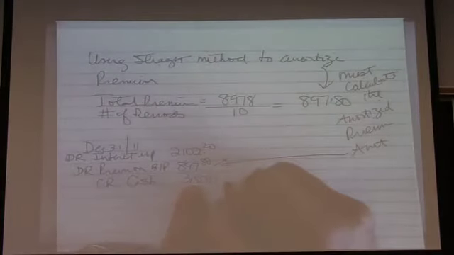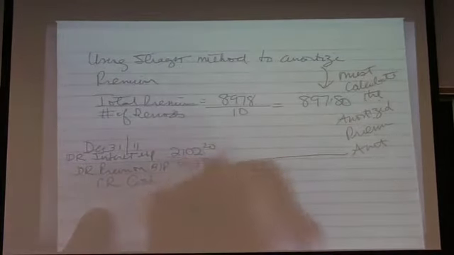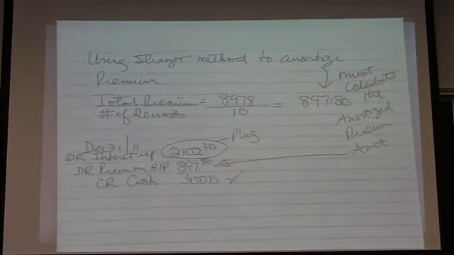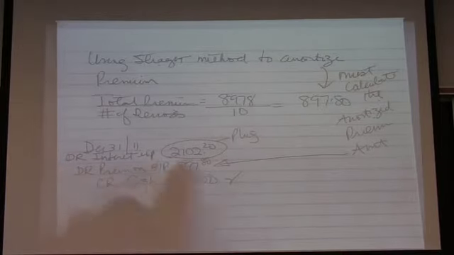Because we know the cash amount, this is actually a plug. This is actually a result of balancing this entry. So interest is an amount that's only an outcome. We have to first derive or calculate the amortization of premium. And then the interest expense becomes the result of knowing those two numbers.